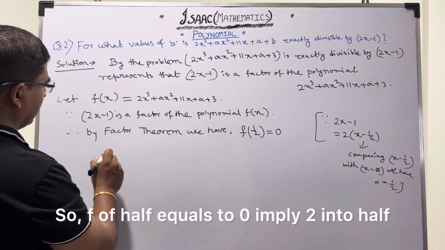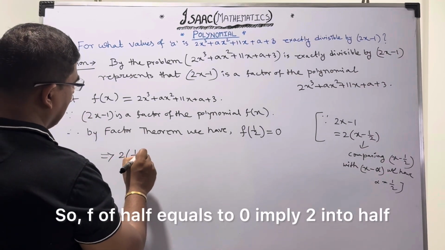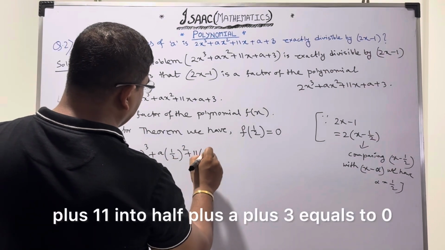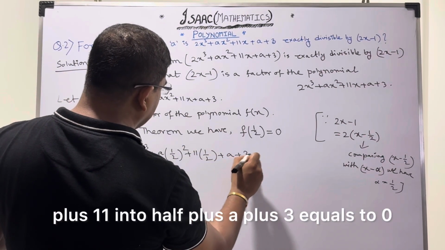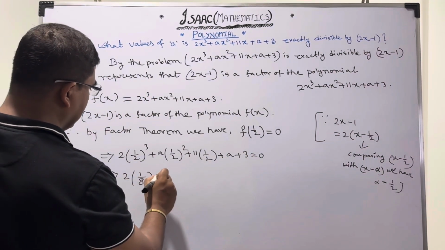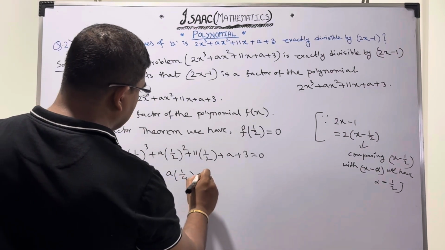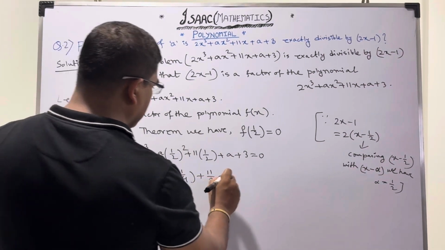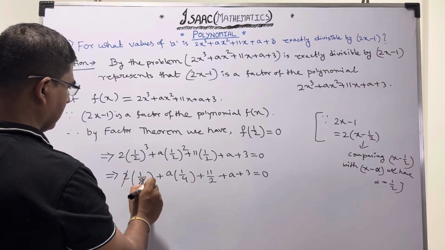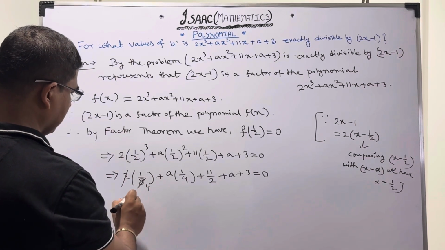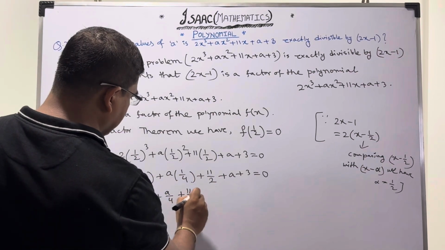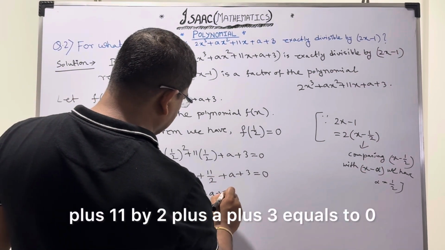So f of half equals 0 implies 2 into half whole cube plus a into half whole square plus 11 into half plus a plus 3 equals 0. So this implies 2 into 1 by 8 plus a into 1 by 4 plus 11 by 2 plus a plus 3 equals 0. 4 into 8 cancels, so this will give 1 by 4 plus a by 4 plus 11 by 2 plus a plus 3 equals 0.